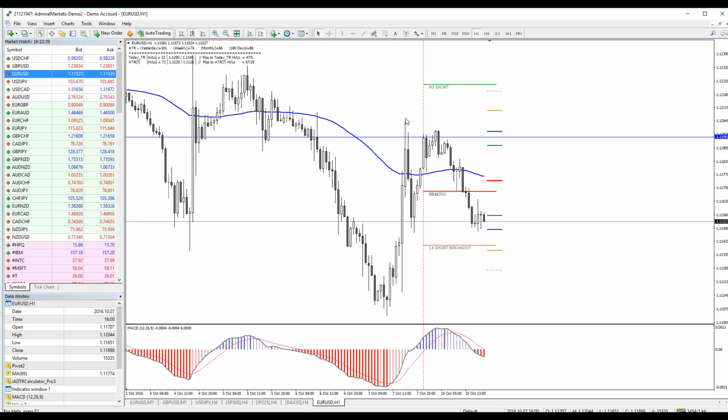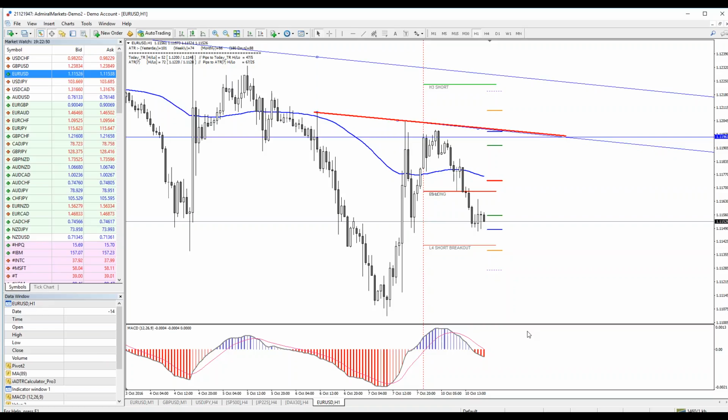But here we have a spike to the upside. We have a clear trend line here. See? And if it spikes from this point, then I guess this will be another opportunity to short. That is why I'm looking to short here. It's a very good opportunity on a pullback.